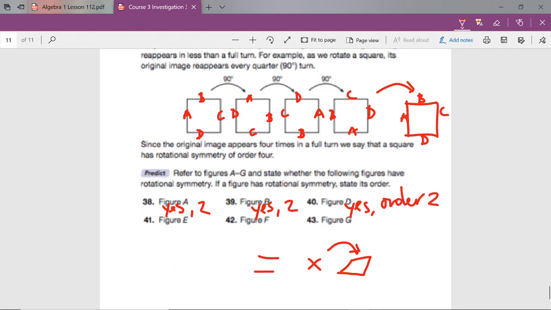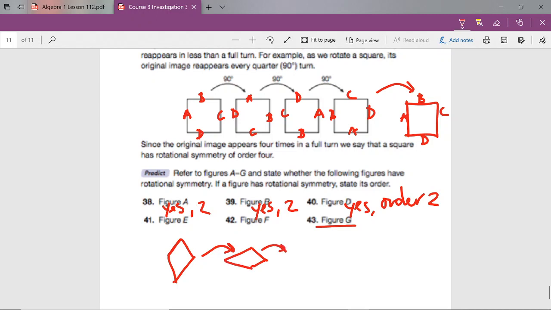Okay. And then our next ones, because they're such funky shapes, I have a really hard time believing that they're ever going to have rotational symmetry, because if any of those sides are all different, then when I turn them, they're never going to look the same. So for example, if I were to take my kite here, looking at G, and rotate it once, then I have the small point going this way, so that didn't work.